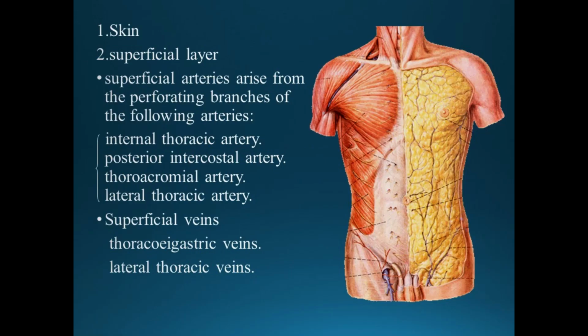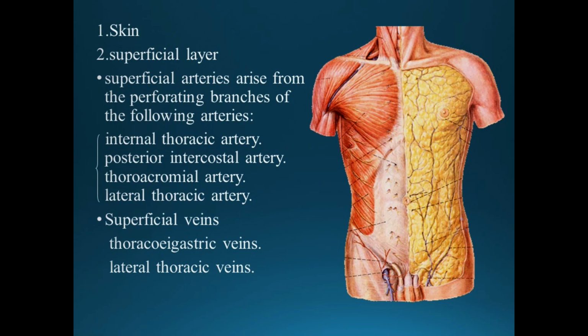Skin. Superficial layer. Superficial arteries arise from the perforating branches of the following arteries: internal thoracic artery, posterior intercostal artery, thoracoacromial artery, lateral thoracic artery.